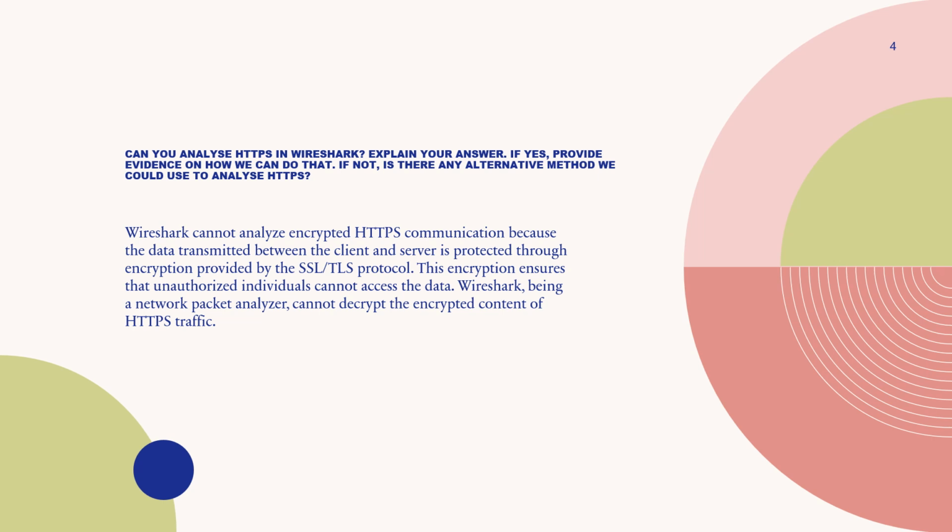So I have answered that Wireshark cannot analyze the encrypted HTTPS communication, because the data transmitted between the client and the server is protected through the encryption provided by the SSL and TLS protocols. This encryption ensures that unauthorized individuals cannot access the data. Wireshark, being a network packet analyzer, cannot decrypt the encrypted content of HTTPS traffic.